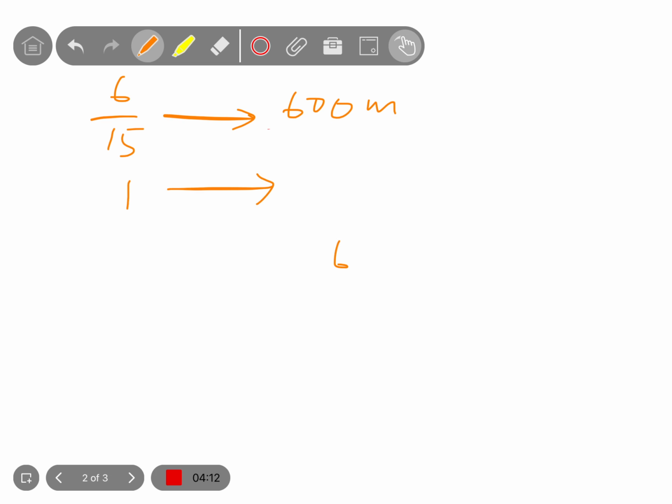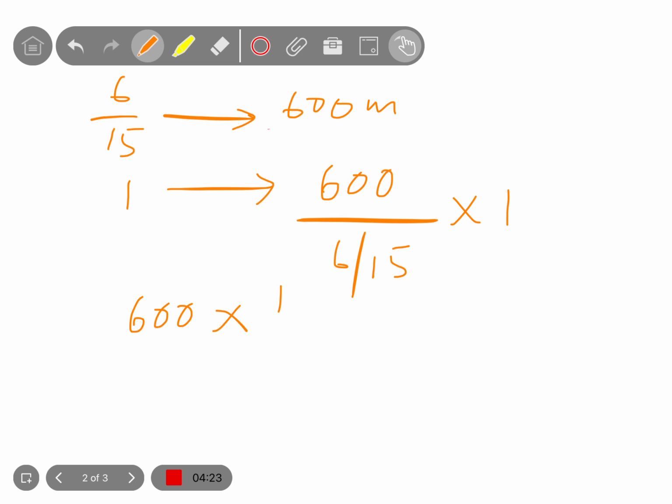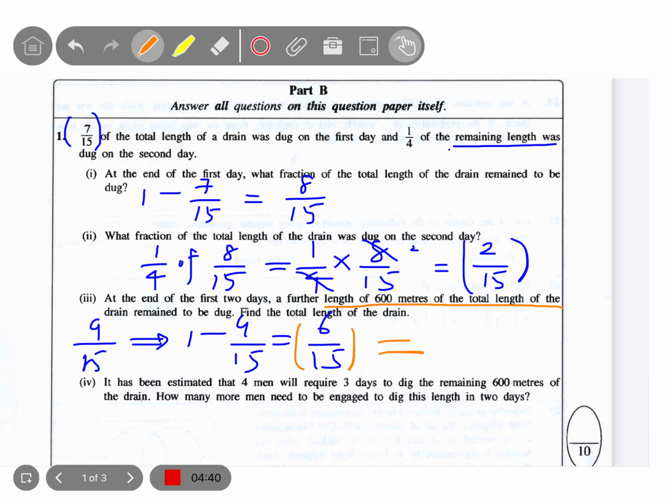So we write this as 600 divided by 6/15, times 1, in a fractional way. This division you can convert to multiplication using the reciprocal, 15/6. Then 600 divided by 6 is 100. 100 times 15 is 1500. So 1500 meters is the answer for this question.